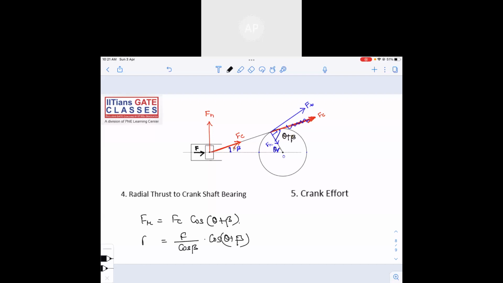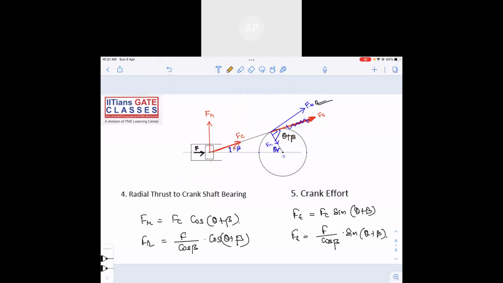Crank effort is nothing else but Ft, which is equal to Fc sine of theta plus beta. So Ft can be written as F by cos beta into sine of theta plus beta.